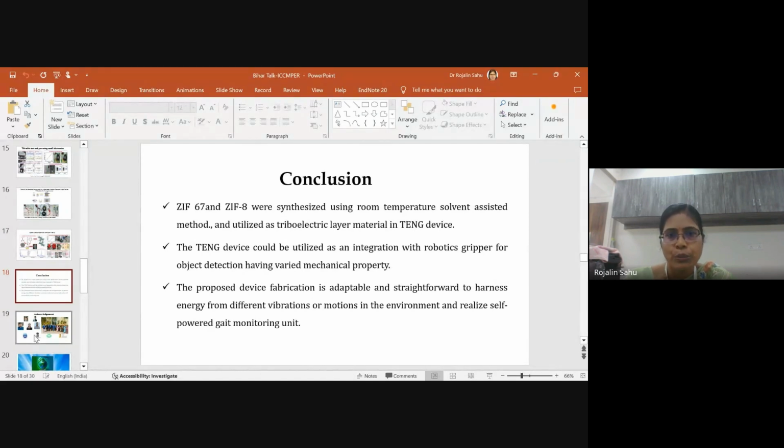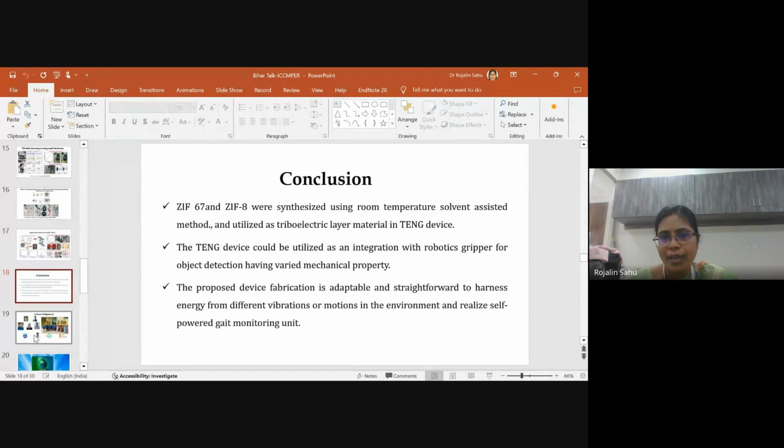This is the easiest way, and these are used for the TENG device as the positive material in each case, because, as you know, the triboelectric series is basically dominated by metals and polymers, where metals are inorganic and polymers are organic. So here for the first time we have used a material which is made up of both organic and inorganic components.